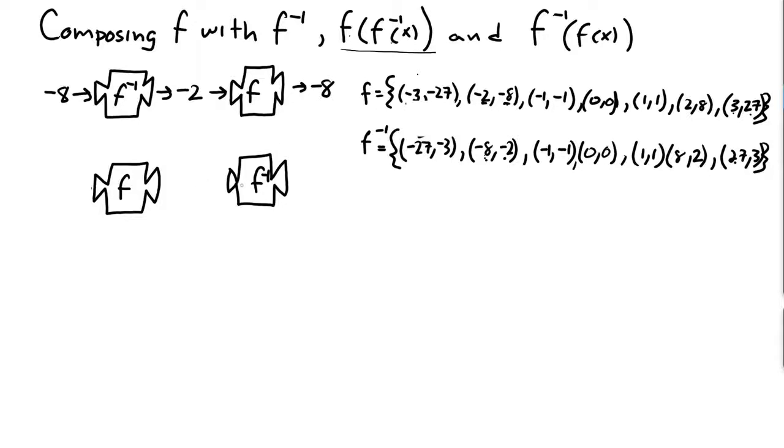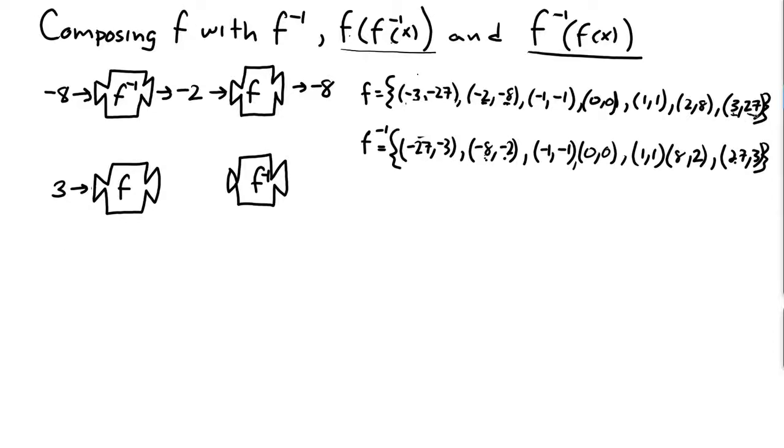Let's look at it in the other direction. Now let's look at this one right here. That means I'm putting f into f inverse. So I have to find an x in the domain of f. Let's go down here. Let's take 3. I'm going to put 3 into f. What happens when I put 3 into f?